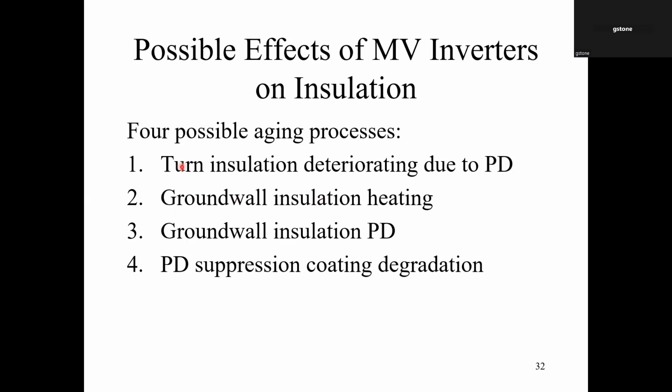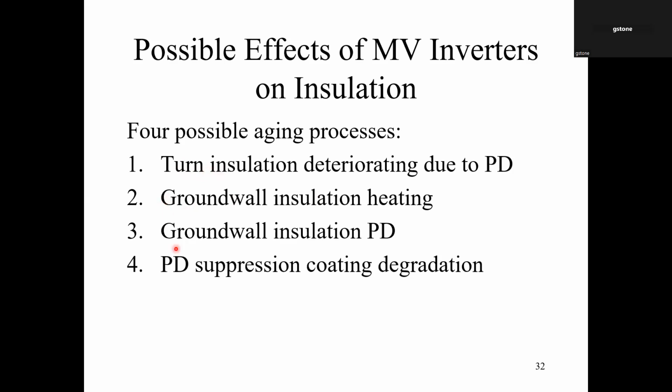Well, the same thing can happen on form wound windings. If we have air gaps between the turns, instead of the normal 10, 20, or 50 volts between turns, we can have this nonlinear voltage distribution and get up to maybe 1,000 or 1,500 volts between turns, which might initiate PD.